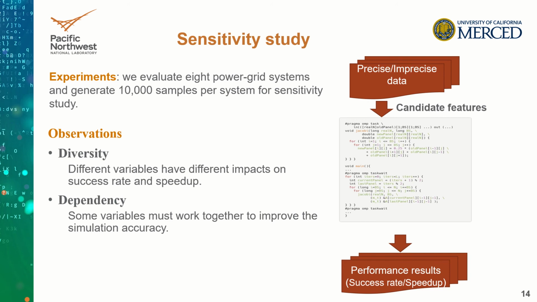The first thing is, these candidate features showed some diversity and dependency. Different variables have different impacts on the success rate and speedup. Also, these features have implicit dependency between each other. Some variables must work together to improve the simulation accuracy.